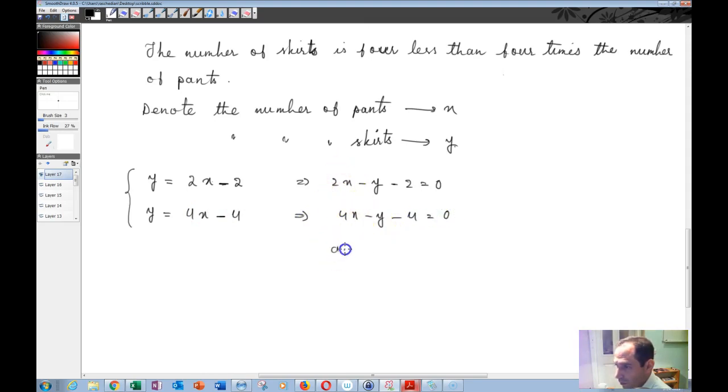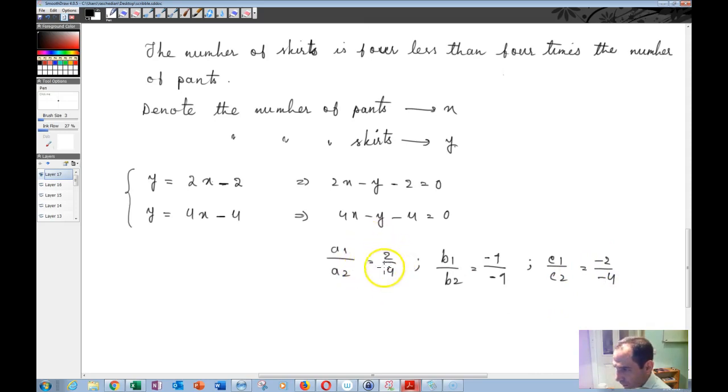Then a1 to a2 is equal to 2 to 4, b1 to b2 is equal to -1 to -1, and c1 to c2 is equal to -2 to -4.